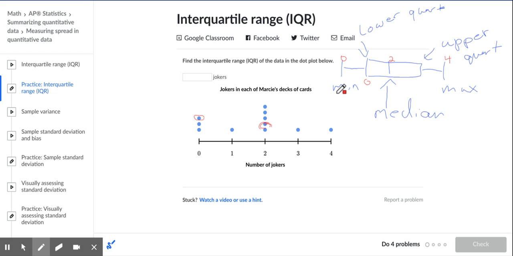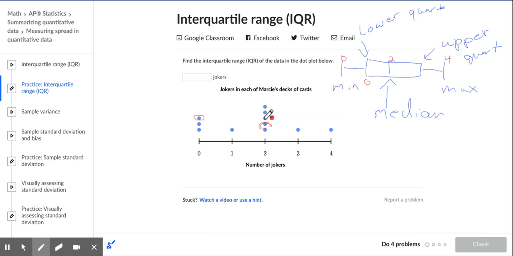All right, then the next thing I need to do is find the median of my top 5. That will give me my upper quartile. So the upper quartile is the median of the top half. So again, half of 5, the middle one is going to be the third.